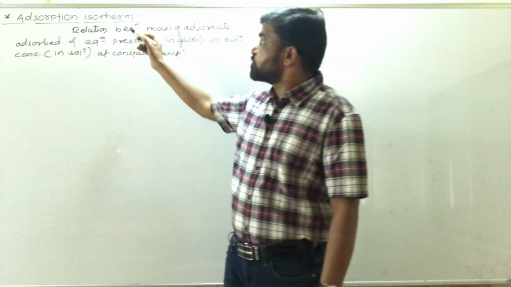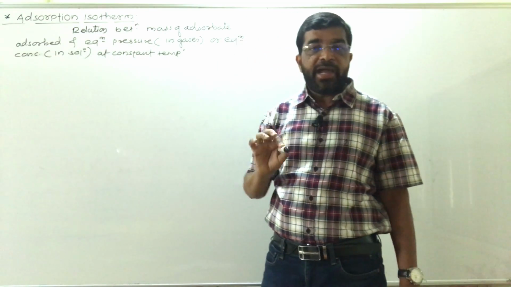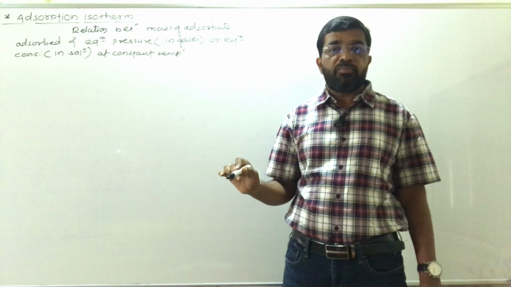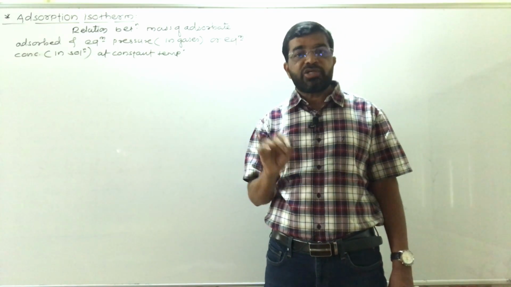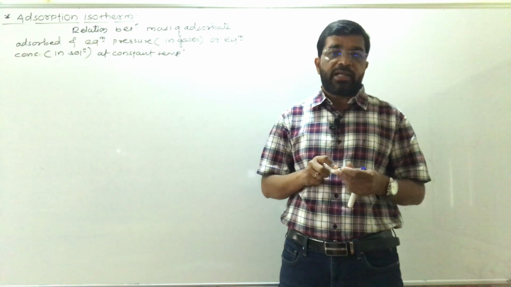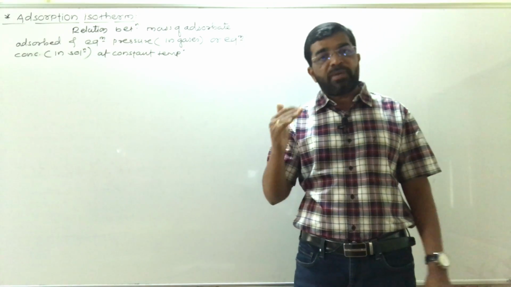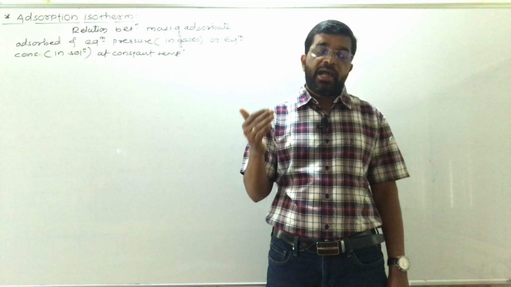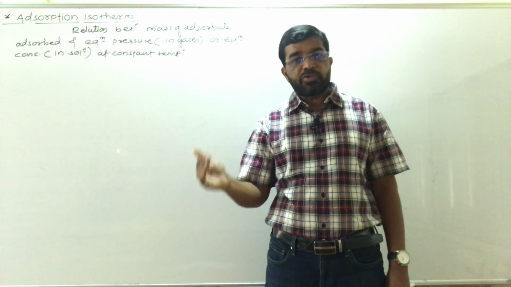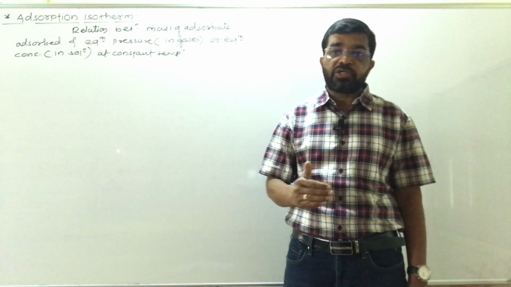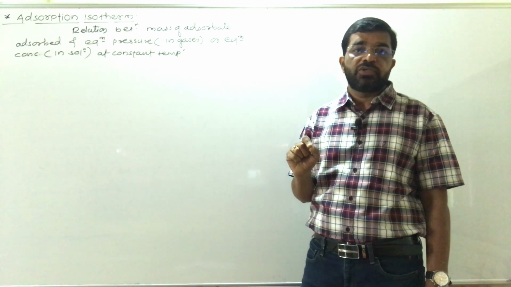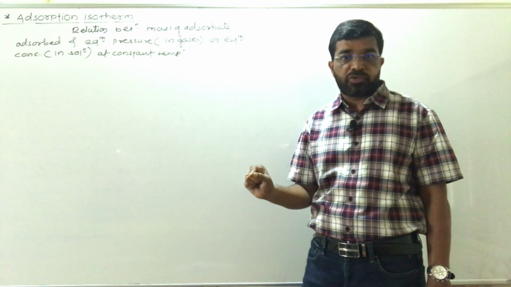Because here iso means constant and therm means temperature. So adsorption isotherm means the relation between the mass of adsorbate adsorbed per unit mass of adsorbent and the equilibrium concentration or equilibrium pressure at constant temperature.